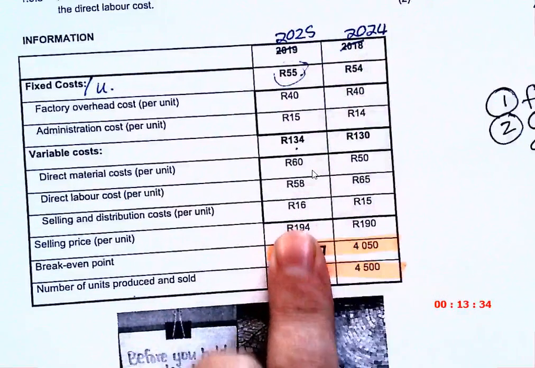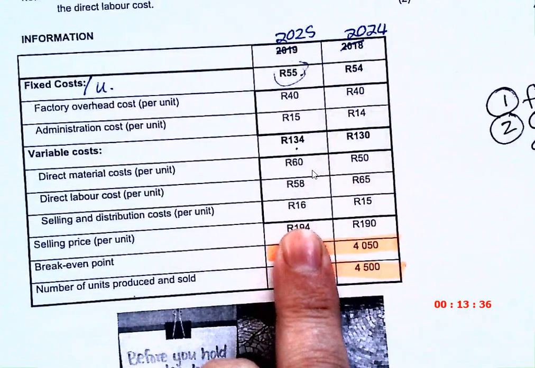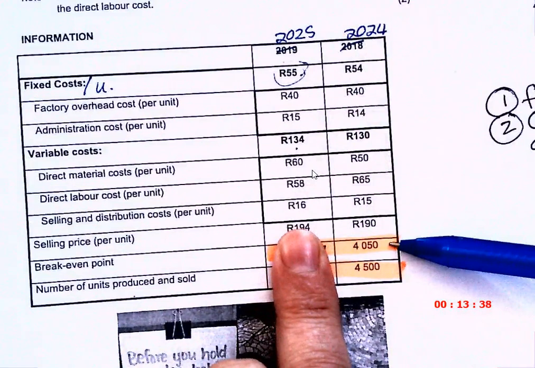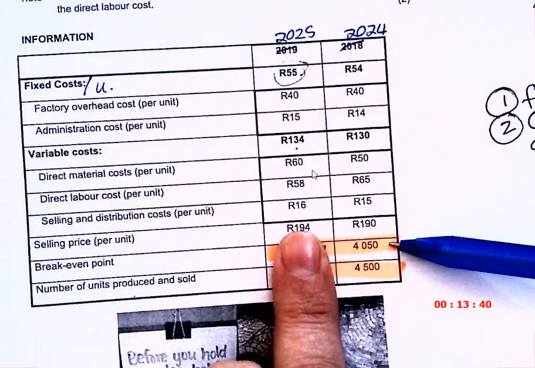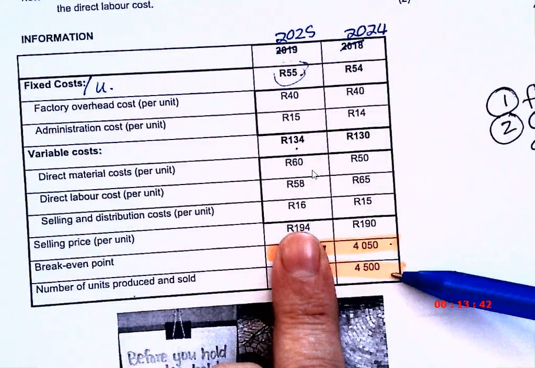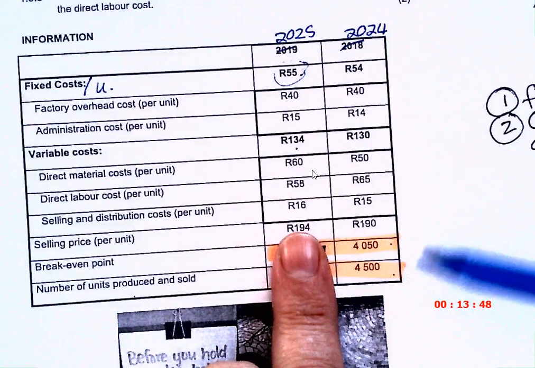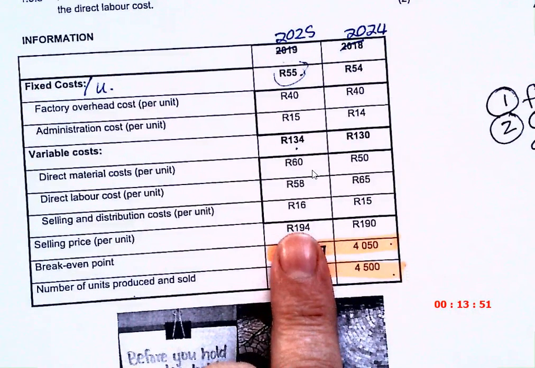So now it says here, can you see the break-even point is 4050? And the number of units produced is 45. So I'm producing more than I need to break even. Did I make a profit or a loss? On how many units did I make a profit? 450.